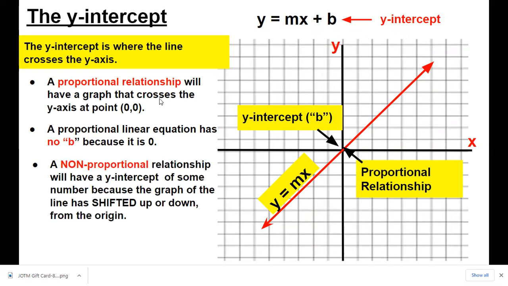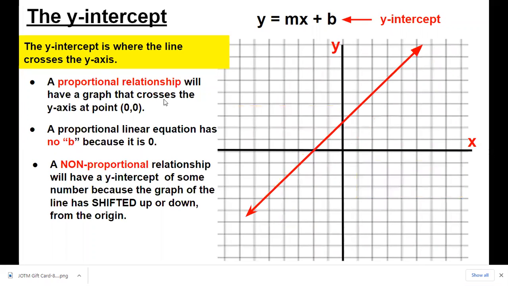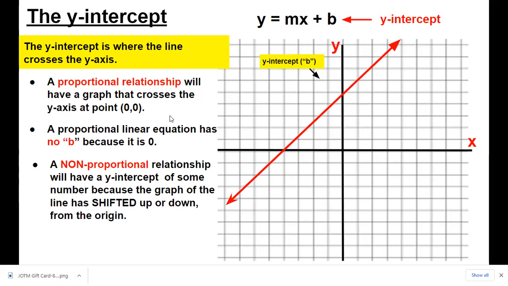A non-proportional relationship will have a y-intercept of some number because the graph of the line has shifted up or down from the origin, like your bowling shoe fee or your entrance fee to your park. Notice how this line now is not at 0, 0, it's moved up. The y-intercept is where it crosses the y-axis. Notice how instead of it being at 0 here, it is now at 1, 2, 3, 4, 5.